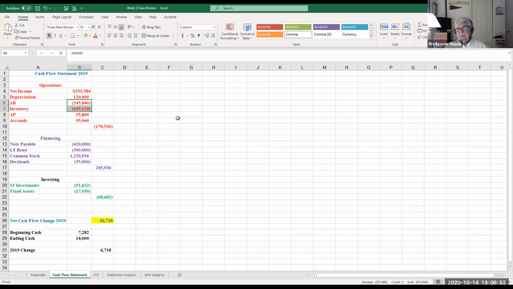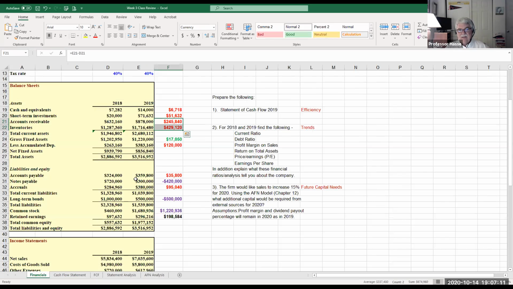That's inventory management. For some reason here, collections and receivables are not cool. That's a problem. Accounts payable: when you borrow and use accounts payable, that means you don't have to write a check, right? Notice accounts payable here have increased. Accruals have increased. We borrowed more money. So what did we use with accounts payable? We ordered some supplies from Office Depot.